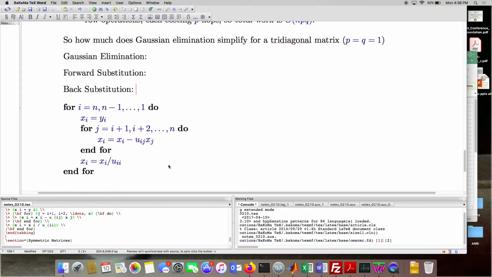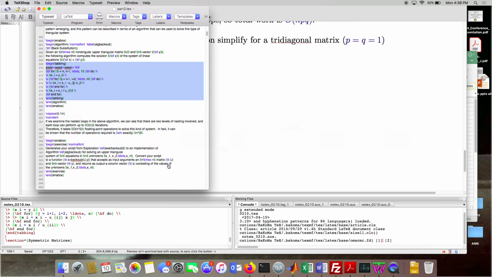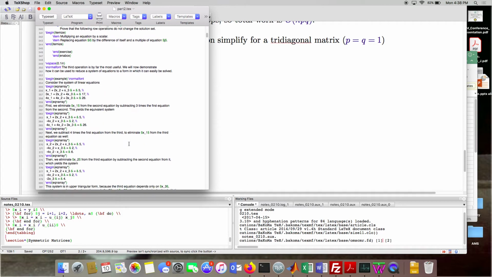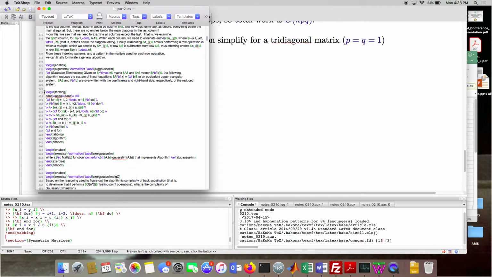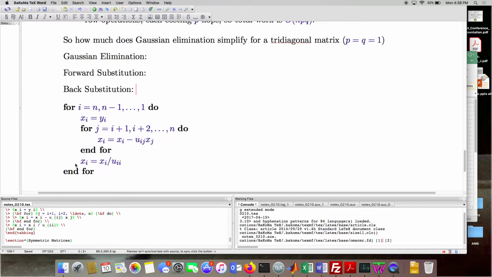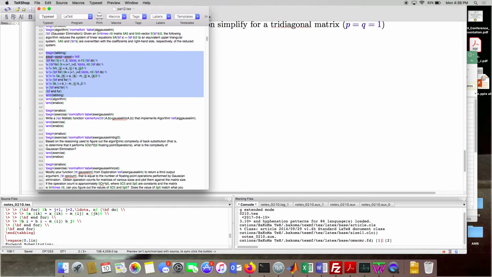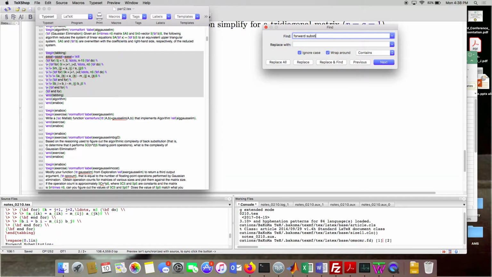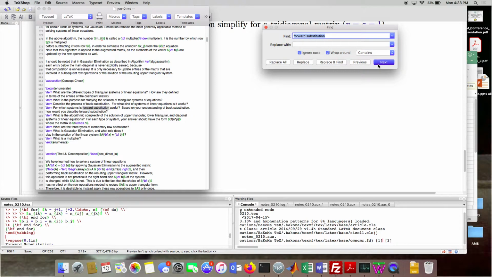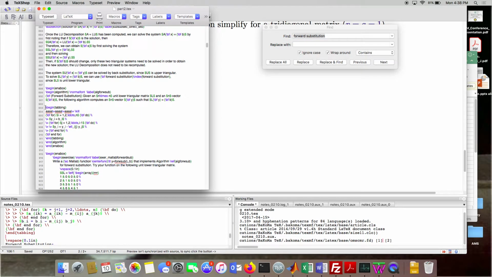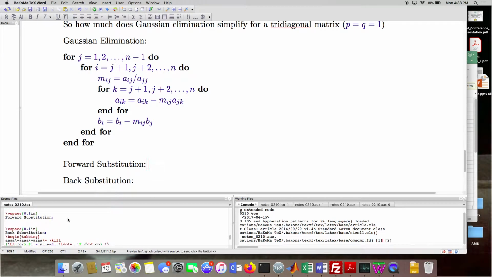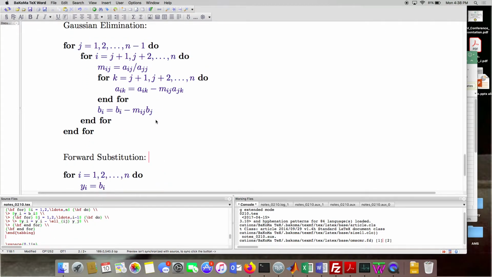Then I need to also dig up the ones for Gauss elimination. Okay, here's Gauss elimination. And then forward substitution. Okay, here that is.